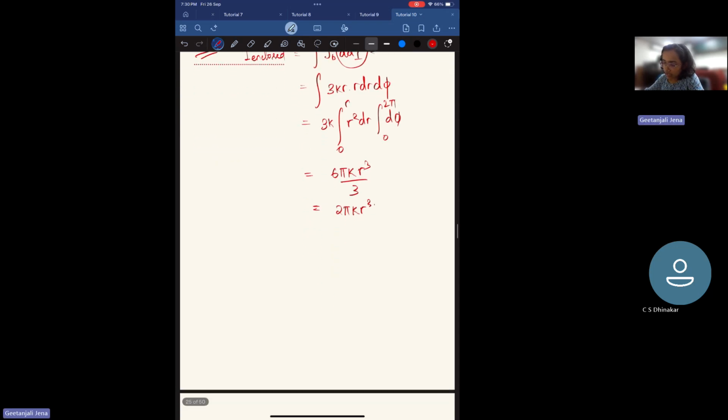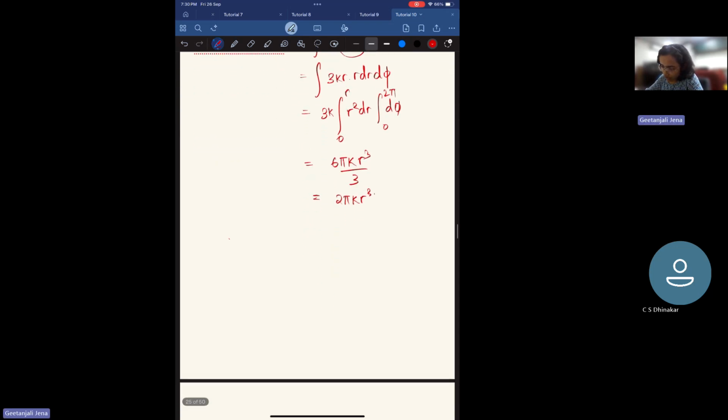We know the total current for an inside point, so we can use Ampere's law. ∮B·dl is μ₀ I enclosed, and I enclosed is 2πk r³. So B is μ₀ 2πk r³ by 2π r.